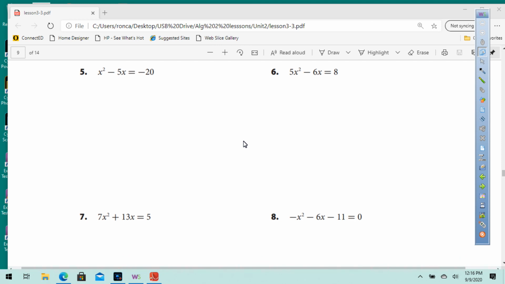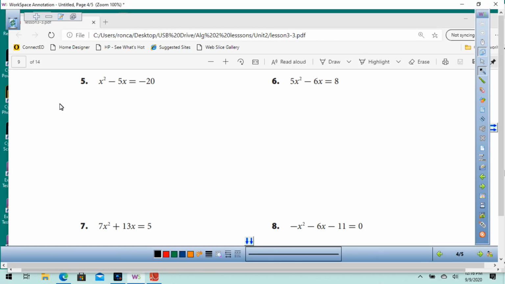Okay, what do we do here? What would be our first step? Well, let's rewrite it. x squared minus 5x equals -20. To complete the square, we're going to add b over 2 squared to both sides.